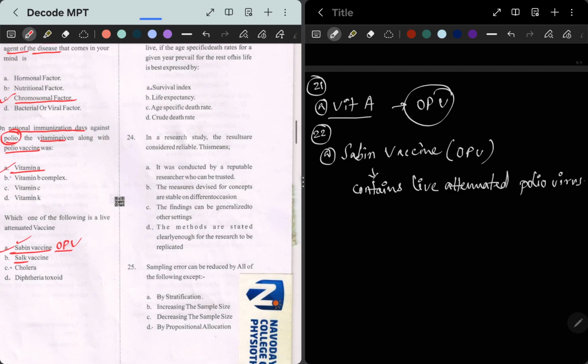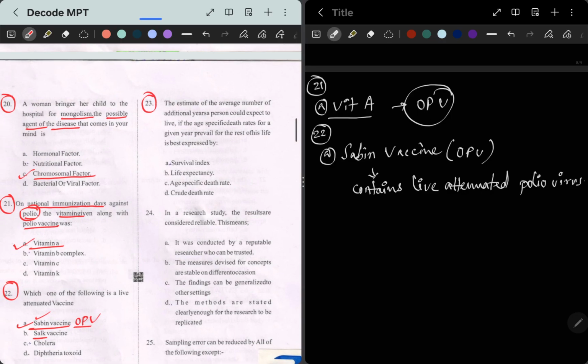Next, question number 23. The estimate of the average number of additional years a person could expect to live if the age specific death rate for a given year prevailed for the rest of his life is expressed by. The options are cervical index, life expectancy, age specific death rate and crude death rate.